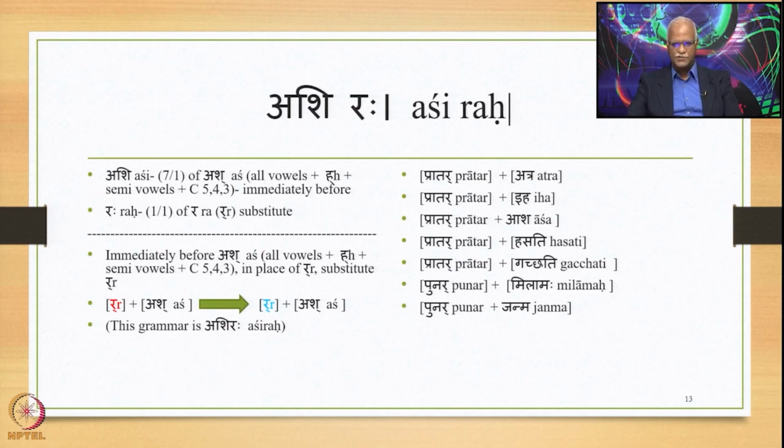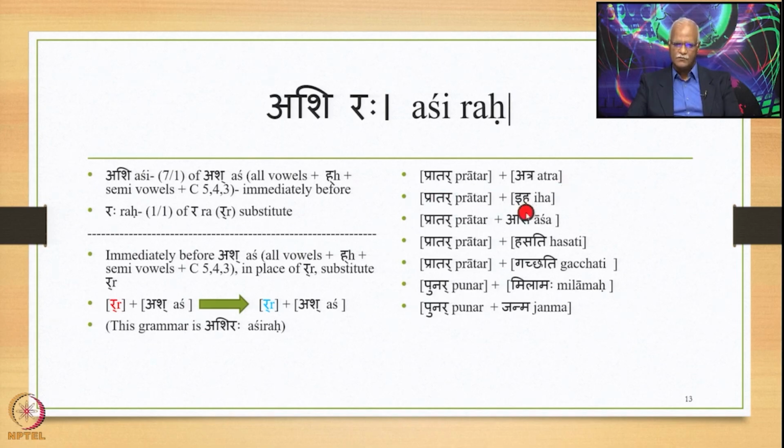Here are the examples. Pratar plus atra. In this case, this is a part of ash. So, this r is not substituted by any other modification. So, it remains as r, and so we have prataratra.